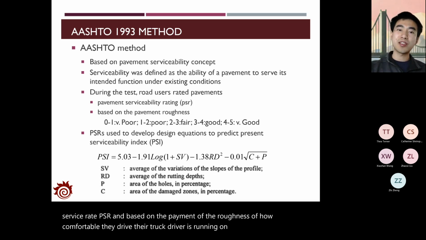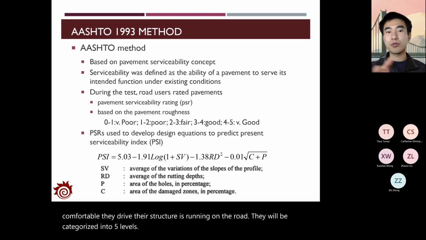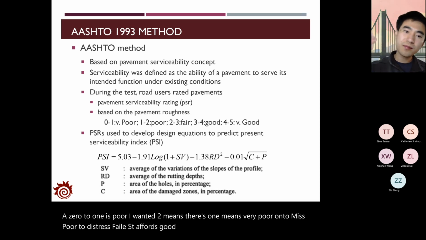They will be categorized into 5 levels. 0 to 1 means very poor, 1 to 2 means poor, 2 to 3 is fair, 3 to 4 is good, and 4 to 5 is very good.